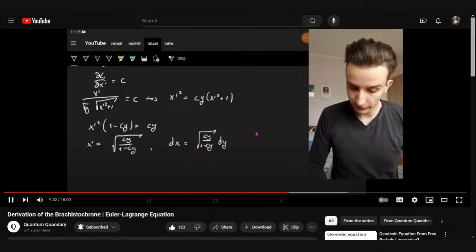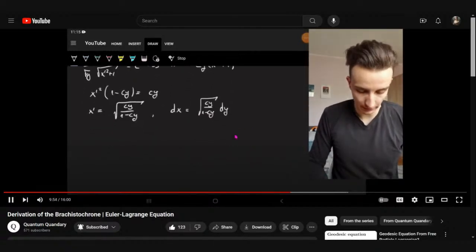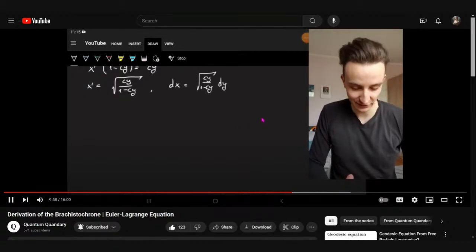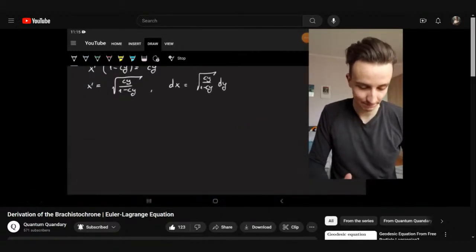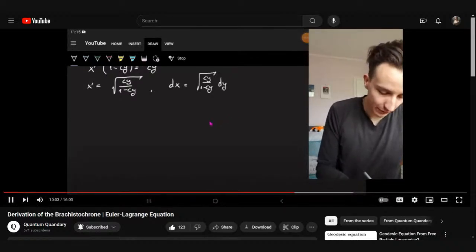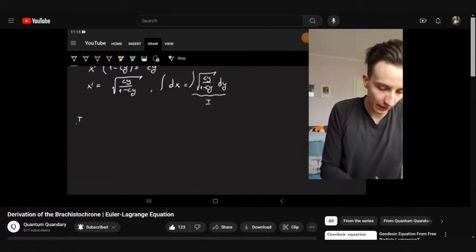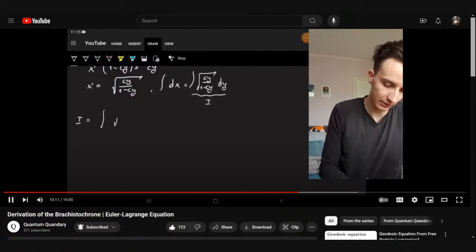It does take a little bit of a long time, and I'm worried that I'm going to make a mistake. Let's see how it turns out. Integrate both sides, and I'll just be looking at this. Let's call that I. So I is the integral of the square root of cy over 1 minus cy, dy.